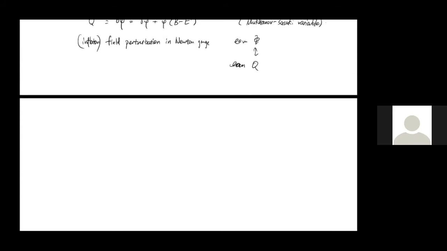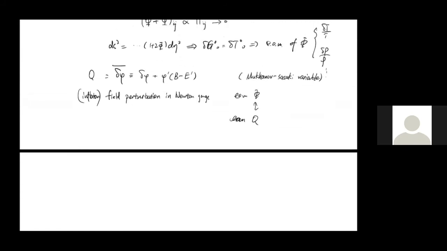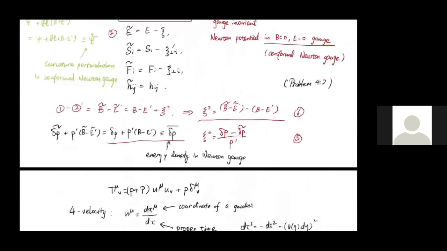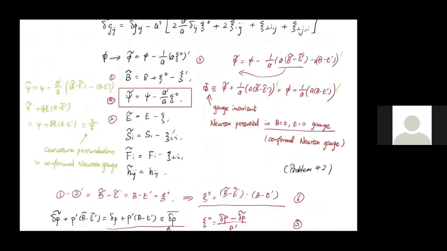For this, let's go to here. This is the first equation we would like to know. And we have the equation for psi here. From this, we know C0 is psi tilde minus psi divided by Hubble, right? So then we combine with this one.